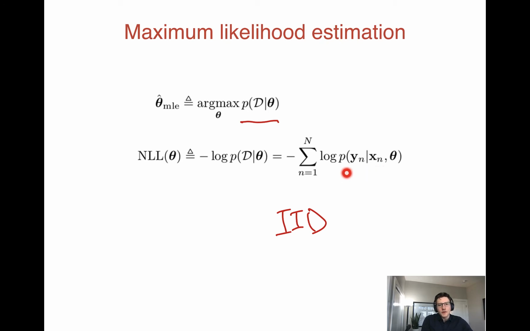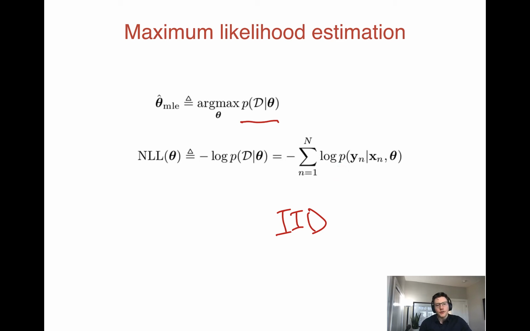Then we're also assuming that they're identically distributed, and note that we're using exactly the same distribution. There's no p_n here to say that this is some different distribution that we're using just for the nth example. We're using the same distribution across all the data examples.